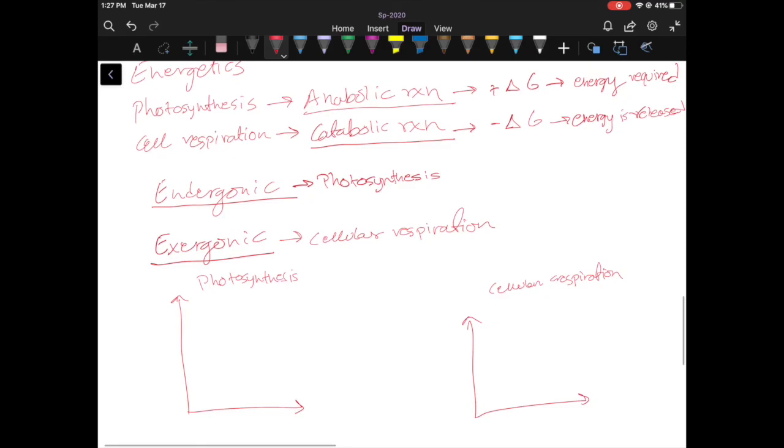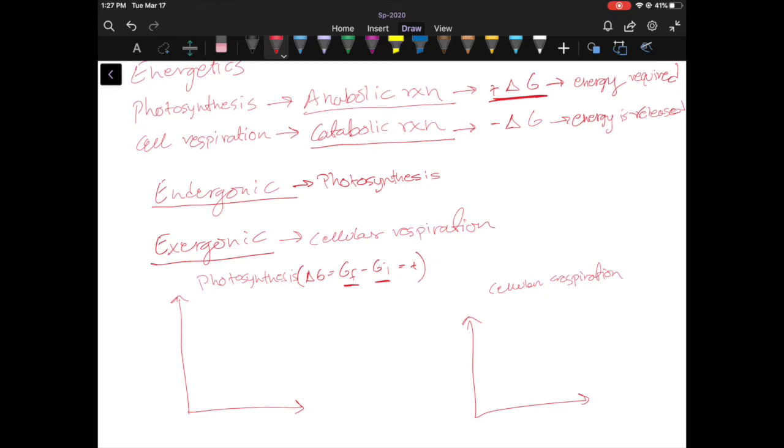Okay, so in order for photosynthesis to have an overall positive delta G, that means that the energy in our products will have to be greater than our energy in our reactants, right? So delta G is described as G final minus G initial. So if our G final is a larger number than G initial, that'll make this a positive delta G.